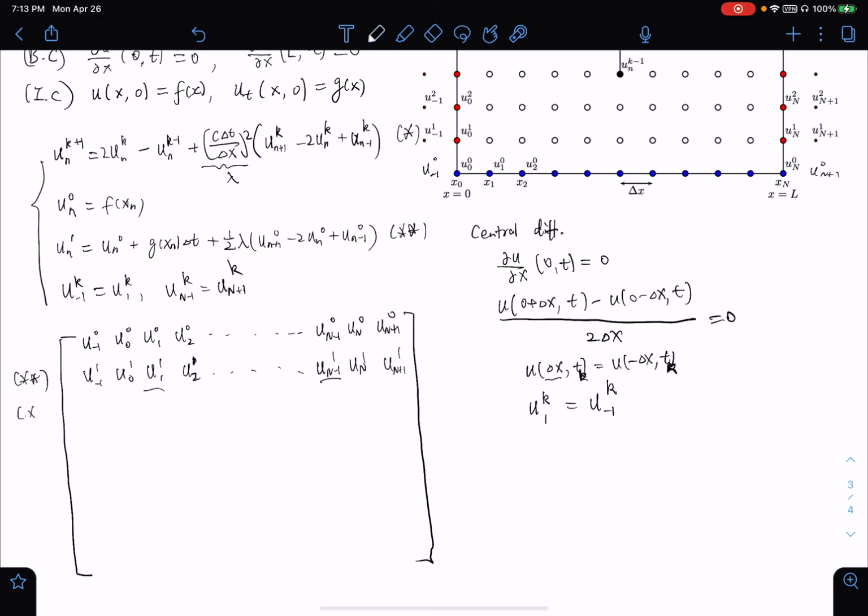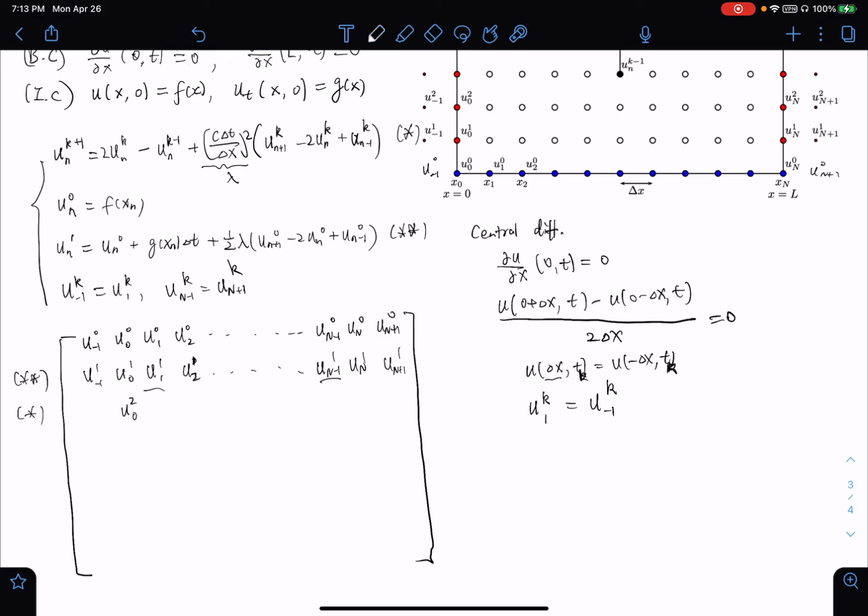So now you can use star, for example, to get u0 at time step 2. You can use four values, right? So the four values are these four, right? And you can do the same.